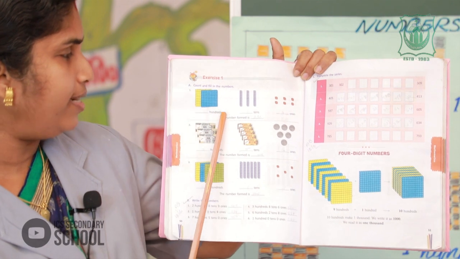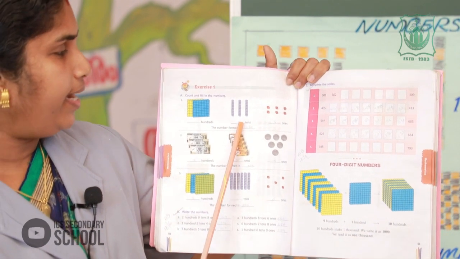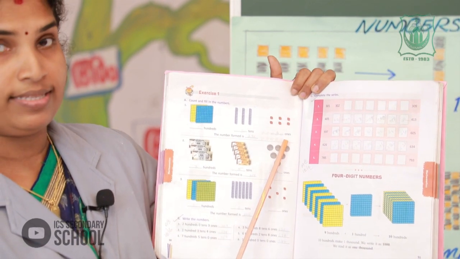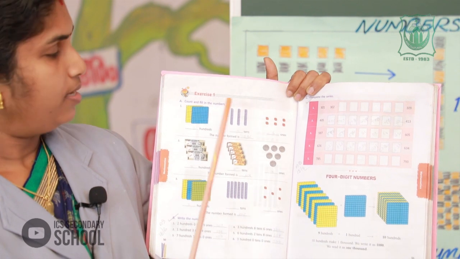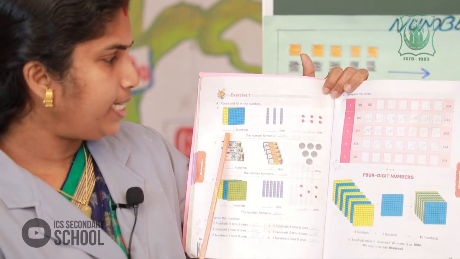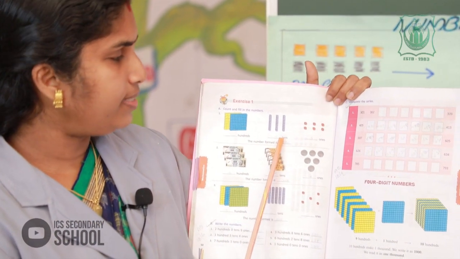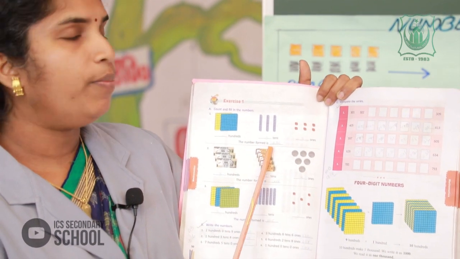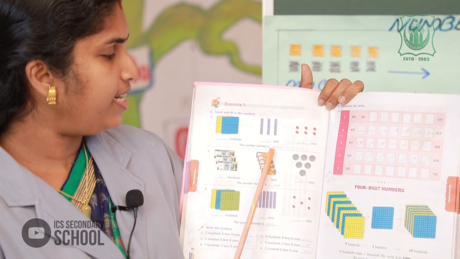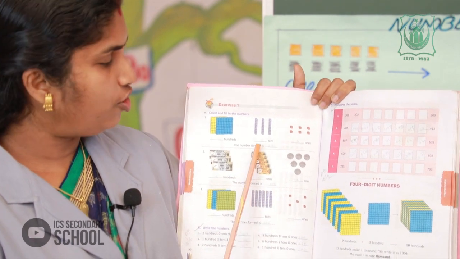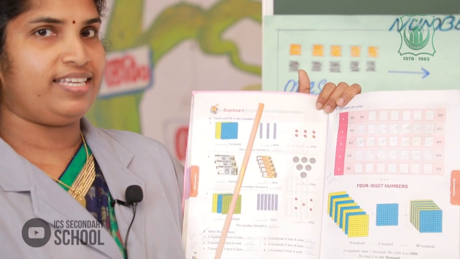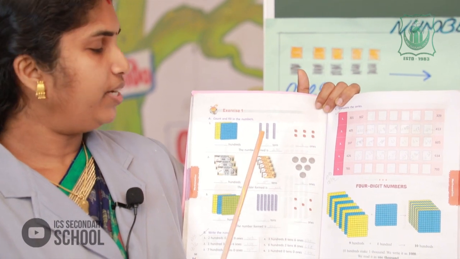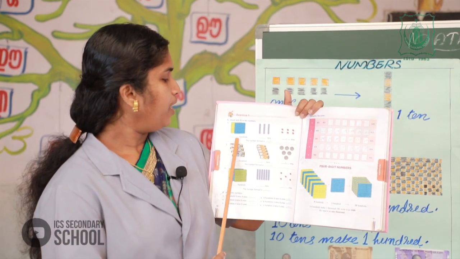Here 2 hundreds, 3 tens, 6 ones. The number formed is 236. Got it? Yes.